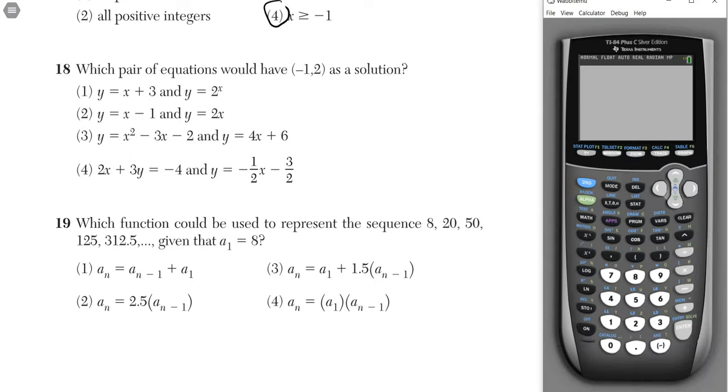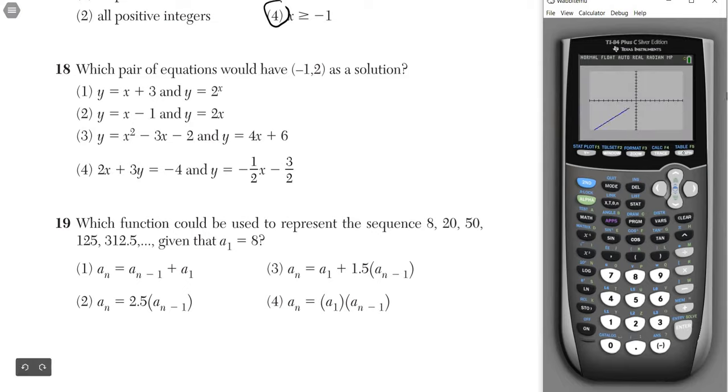So choice 2, we can do the same way. We can either graph each of these, x minus 1 and 2x, and then find the points of intersection.